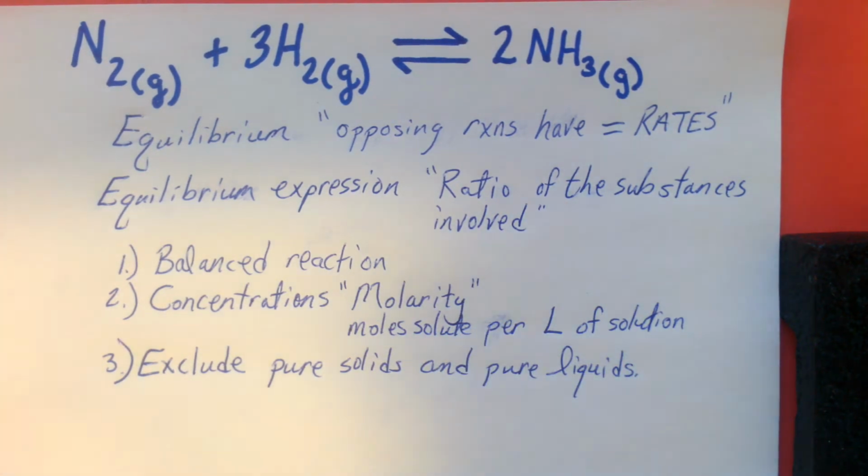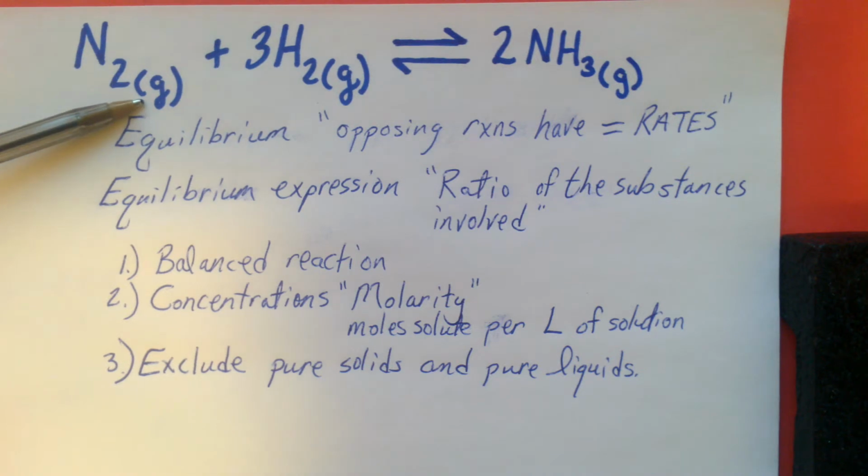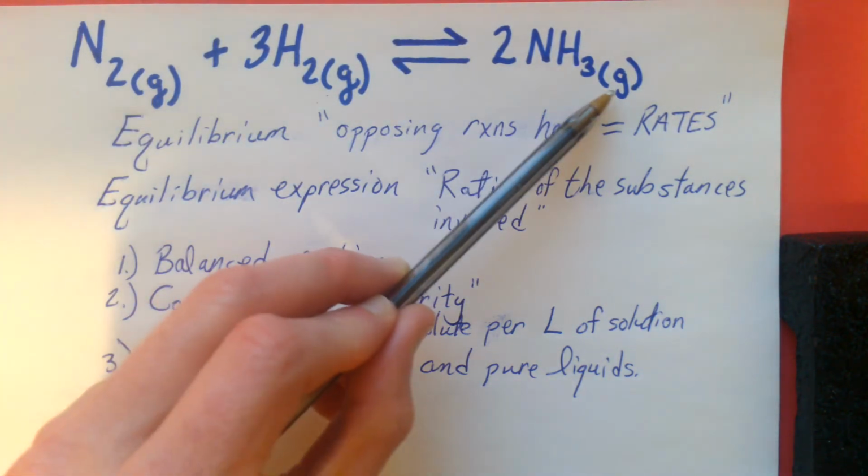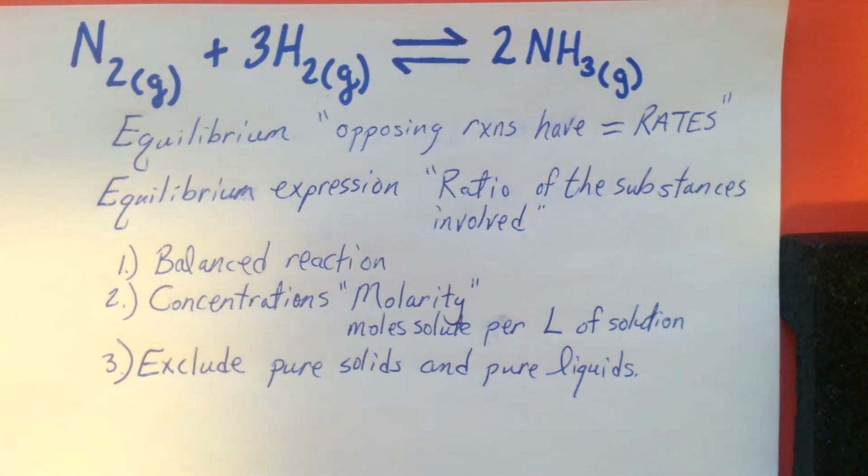In our reaction equation here, notice that we've got the states of matter for each of our elements and compounds as gases. That's what they exist as. So we need to take a second look at those when we get ready to write this expression, because we want to exclude the pure solids and pure liquids from our expression.